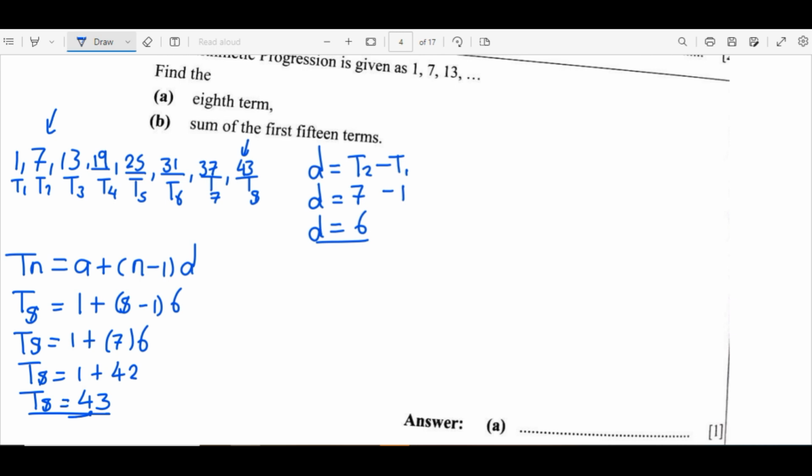Then for B, the sum of the first 15 terms. The sum is given by this formula. Please make sure you commit this formula to memory. For this question, n is equal to 15, since we are solving for 15 terms.